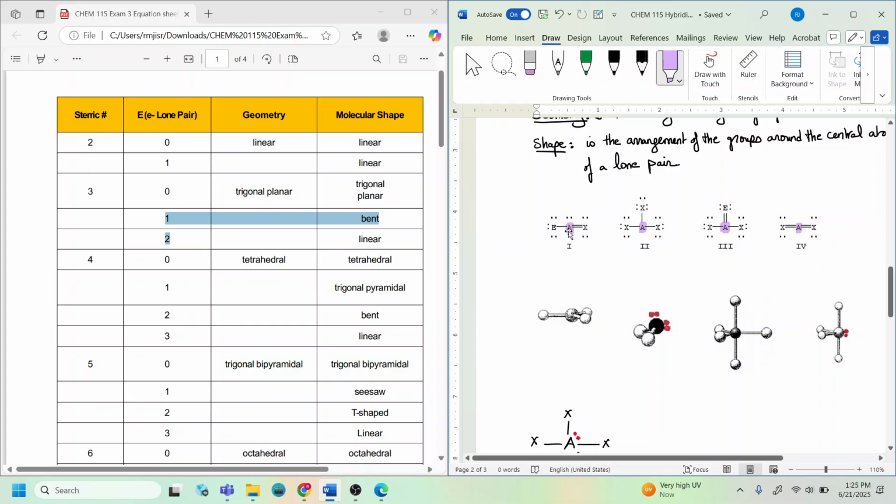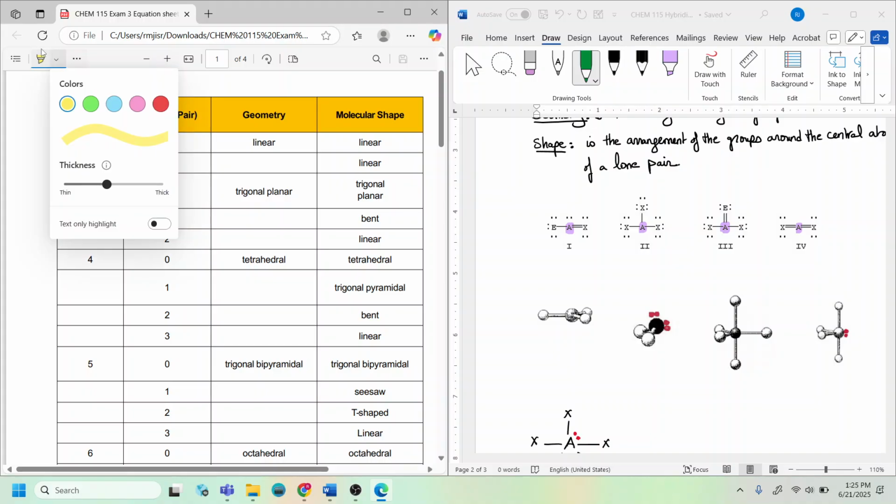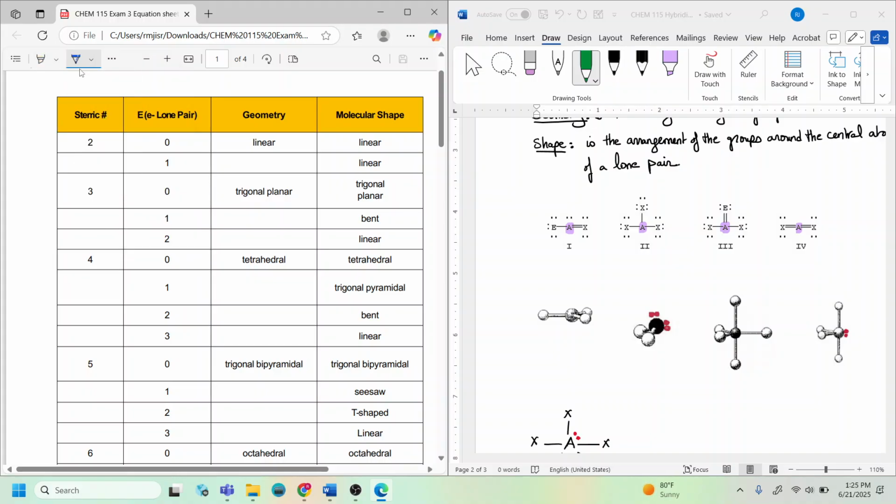You always find the geometry first, so you need to calculate what we call the steric number. This is the steric number column that we care about.